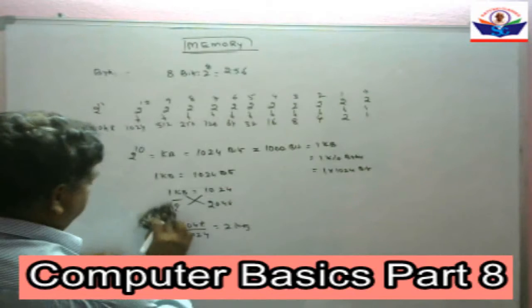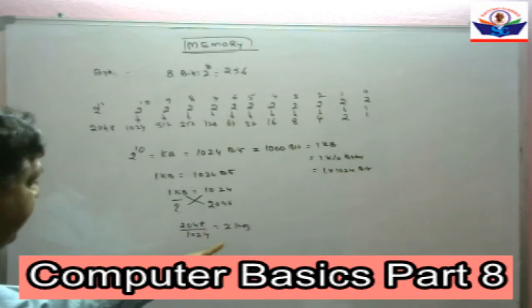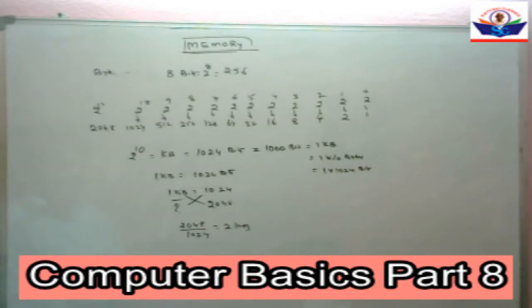So 2 to the power of 11, which is 2048, becomes 2 KB.